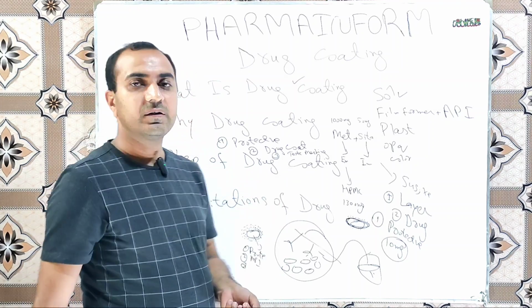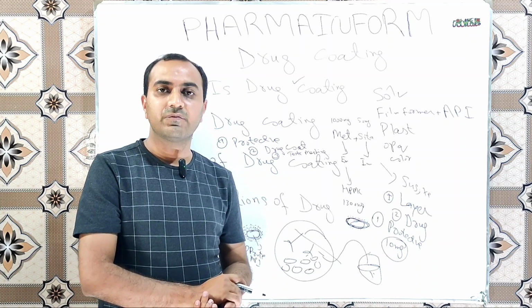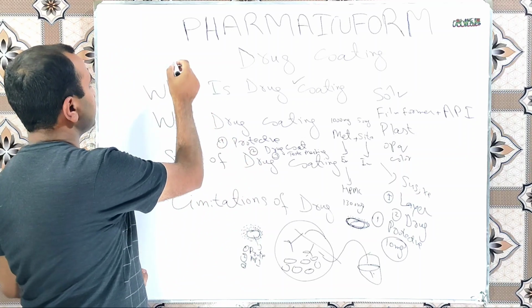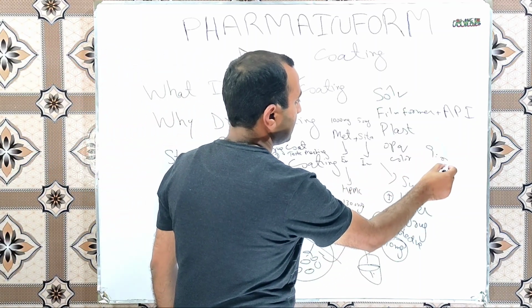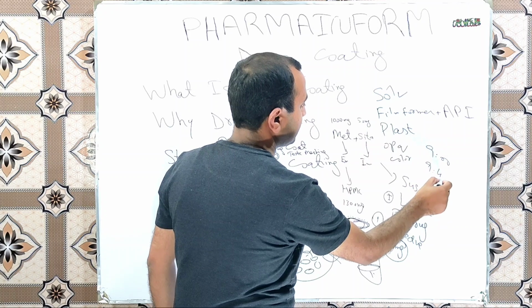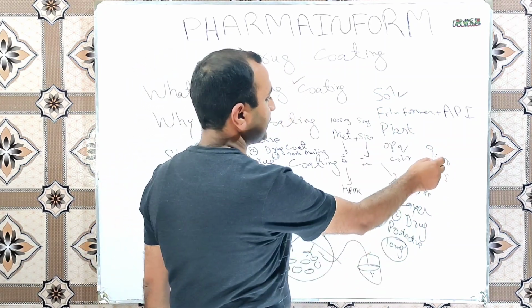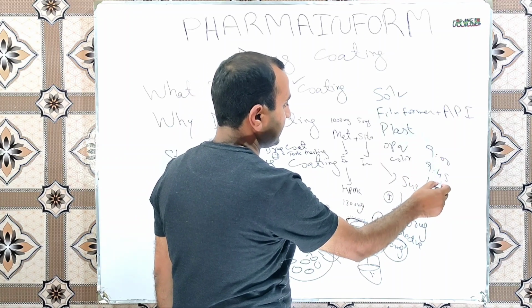Suppose we are in a situation where we will check our weight gain after each 45 minutes. So suppose we start our coating suspension at 9 am, we will check its weight at 9 am first of all, after sealing, then 9:45 and then 10:30.